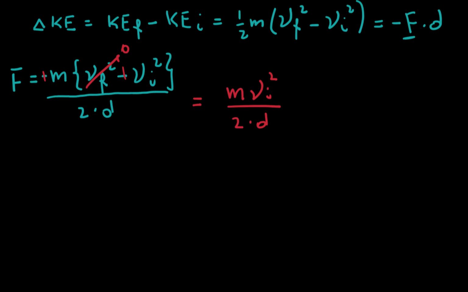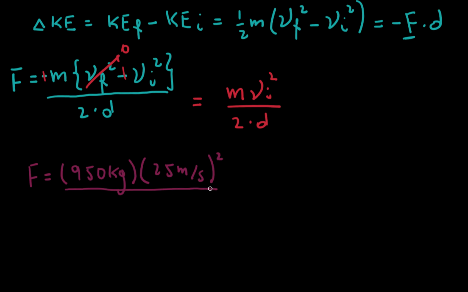So let's carry this out, and let me show you where all of these numbers go. Force equals mass, which we found to be 950 kilograms, times velocity initial, which is 25 meters per second, the whole quantity squared, divided by 2 times the distance.